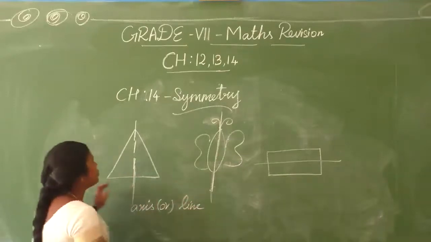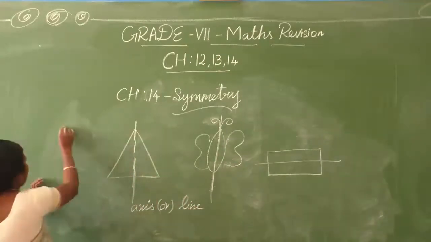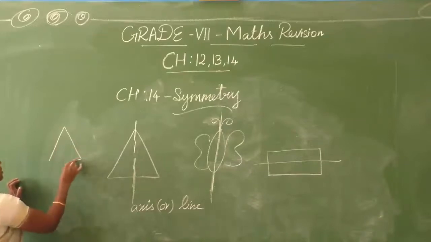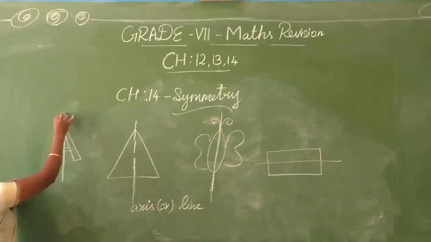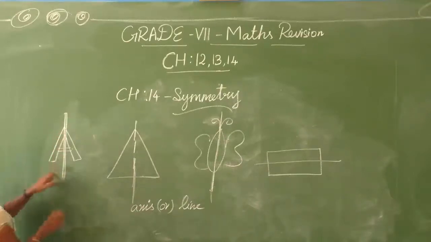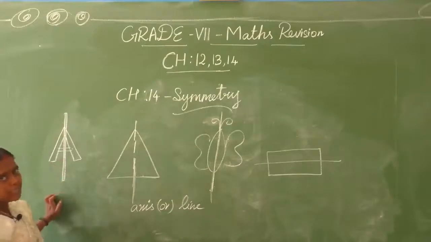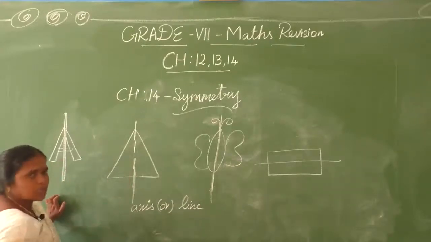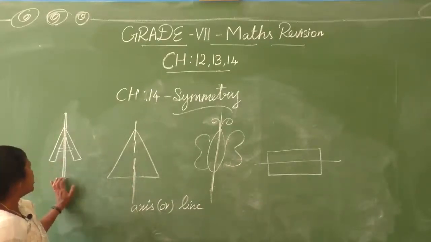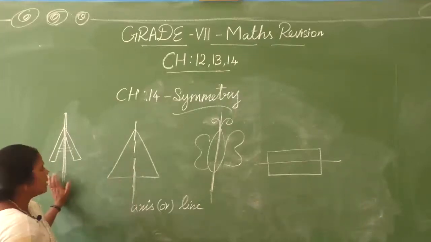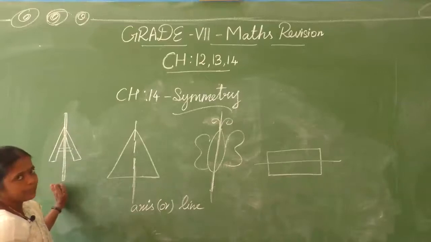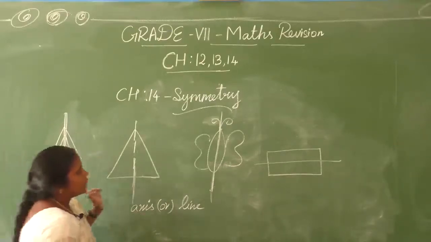Instead of a line, if you keep a mirror here, that is called mirror symmetry. Very close to line of symmetry only. Mirror reflection also we can tell.